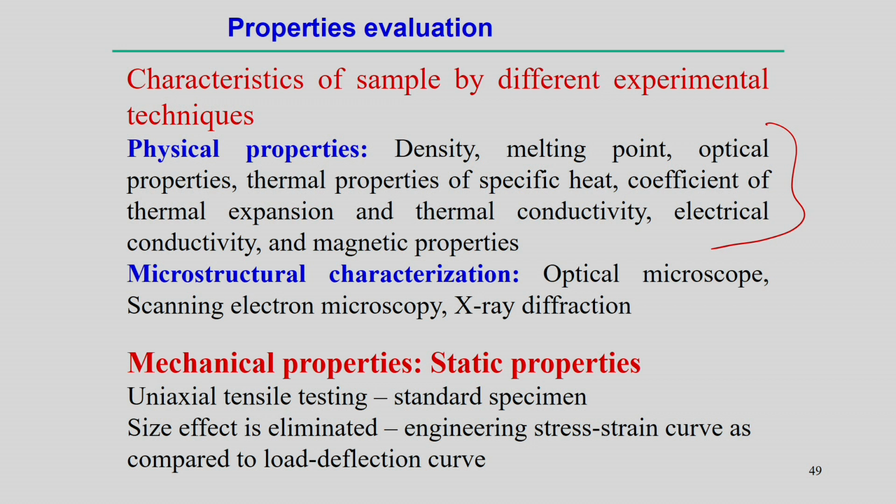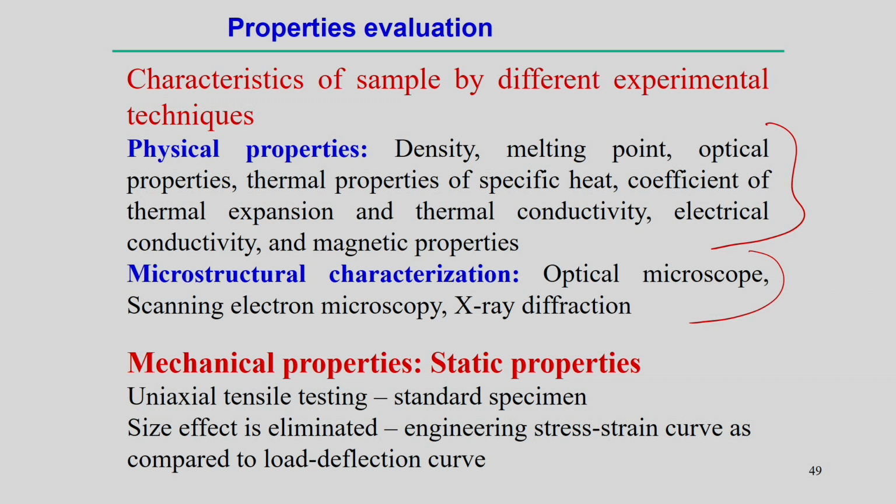For example, in most cases we test the microstructural characterization, normally using the optical microscope or a high resolution microscope, scanning electron microscopy, or in some cases evaluating properties simply using the principle of the X-ray diffraction technique. So, these are the other techniques we normally use to evaluate the properties of a manufactured component. Out of these properties, one by one we will try to discuss.